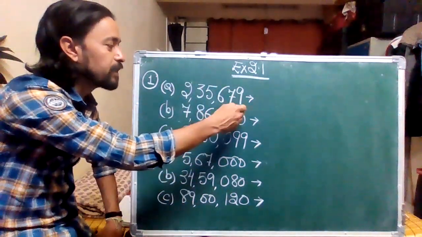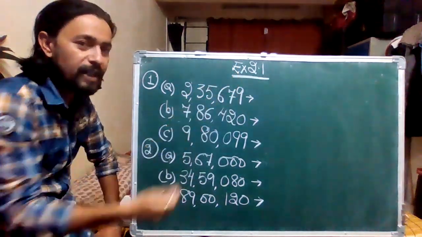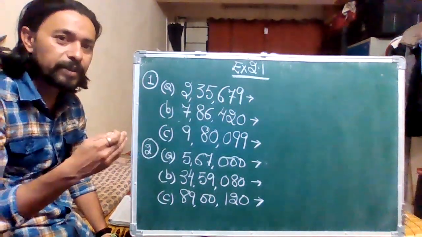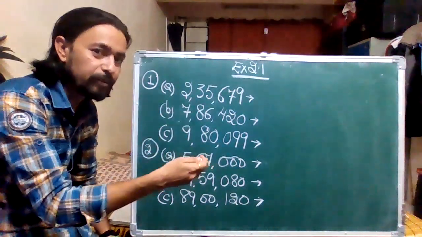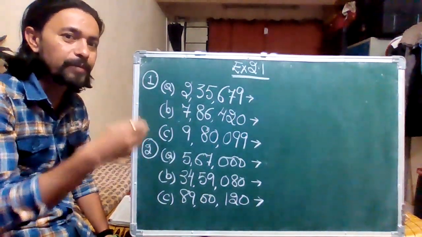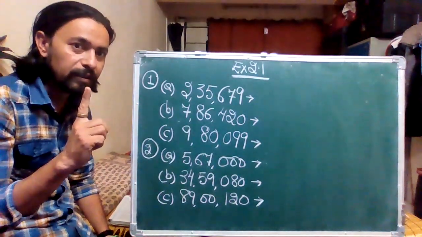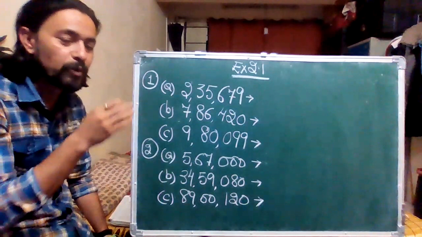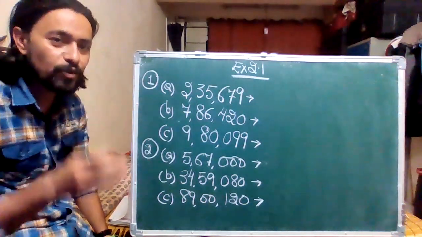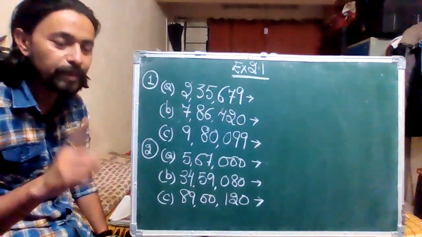Or when I add 1 here, 9 and 1 is 10, 1 is carried over, and 7 and 1 gives me 8, 80. So a successor is a number that comes immediately after the number. Every number that comes after a number goes on increasing in value by 1. If I'm going from 2 to 3, 2 has increased to 3 by the value of 1, because if to 2 I add 1, it becomes 3.